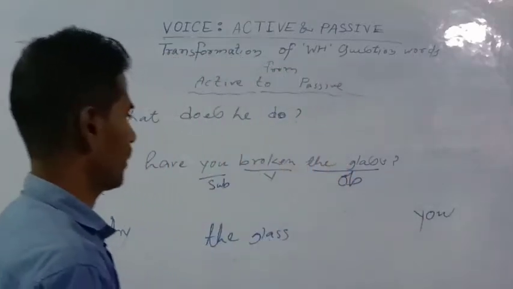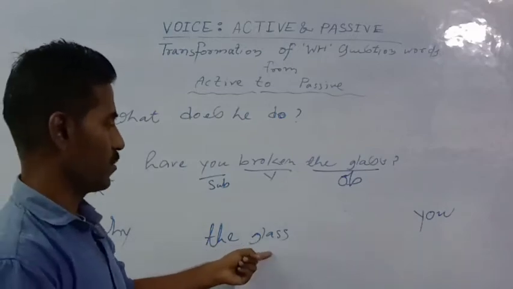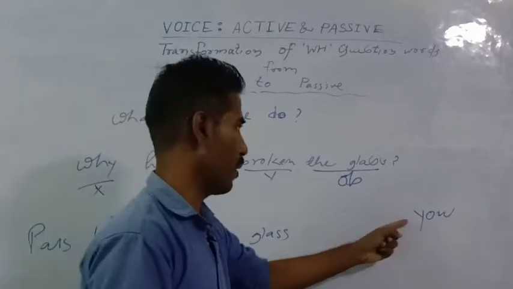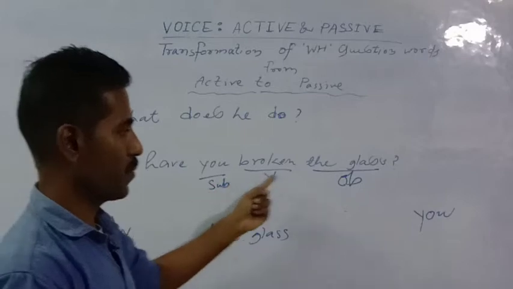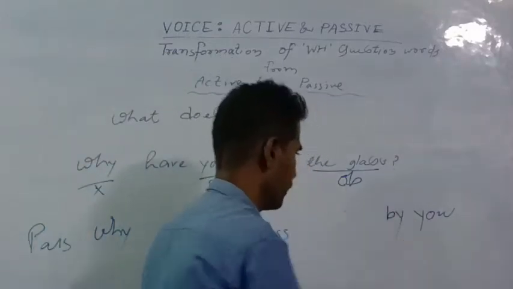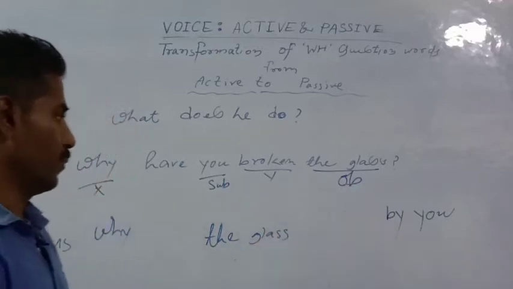After doing that, you have to put a preposition right before the new object. The subject becomes the new object, and right before it you will put the preposition by. Now see, the glass by you.